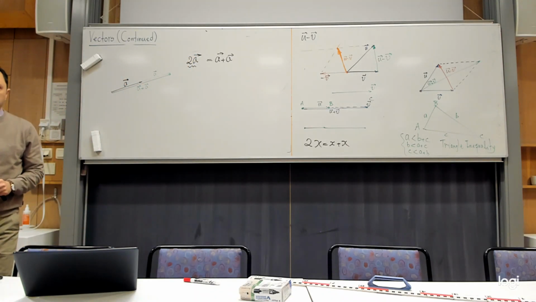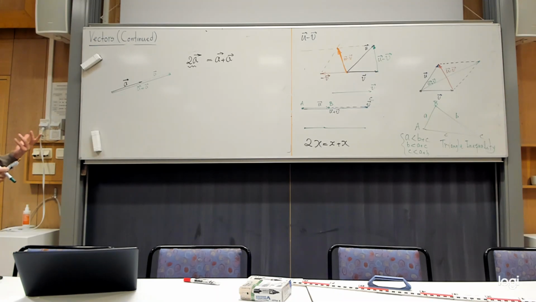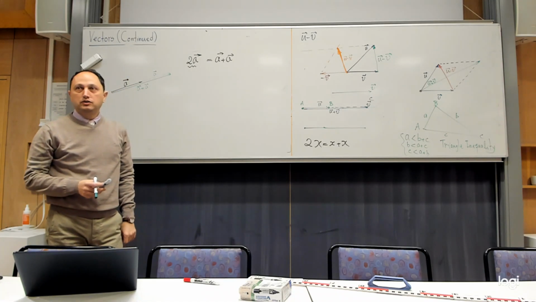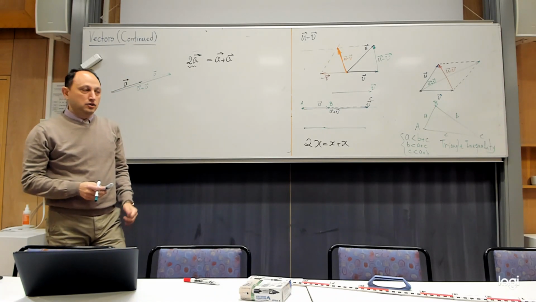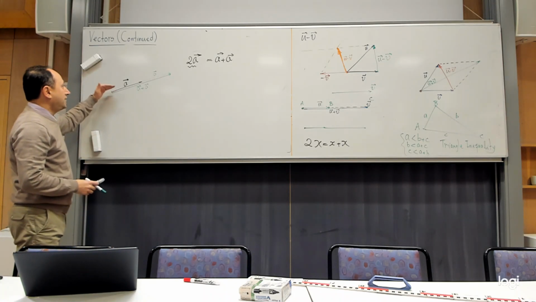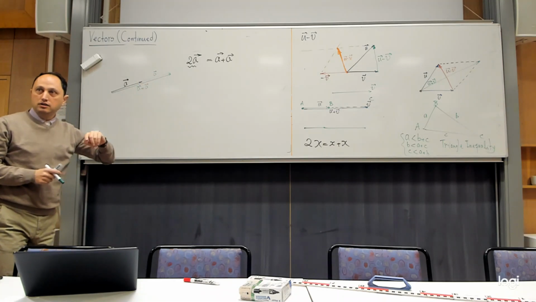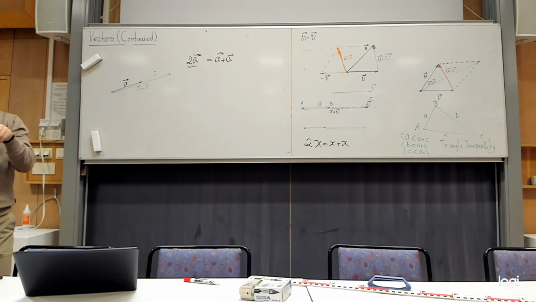It seems so. So if I give you a vector and ask you to multiply it by 2, what is a good idea? You just draw a vector parallel to this one, pointing in the same direction, but the length of the new vector should be 2 times larger than the original vector. Is that understandable? Okay.